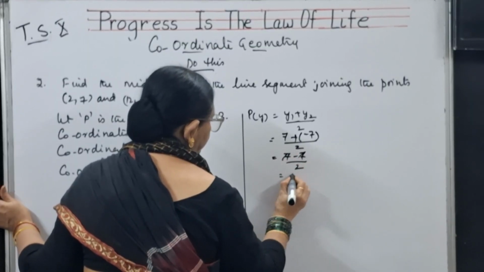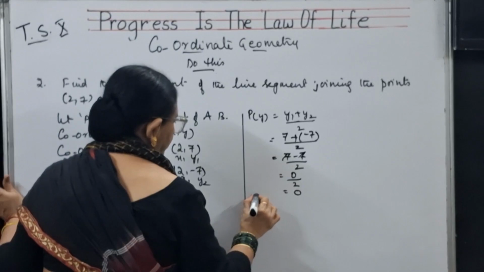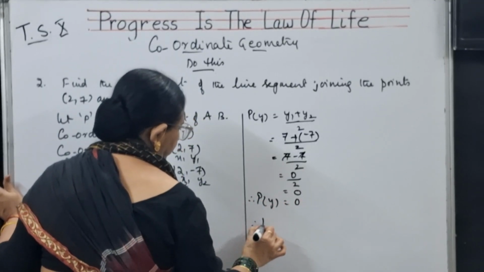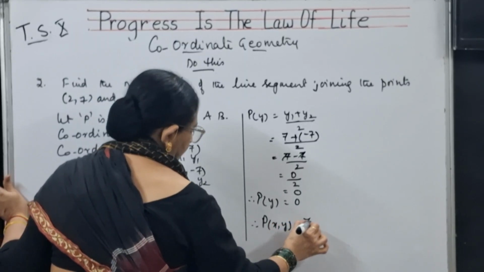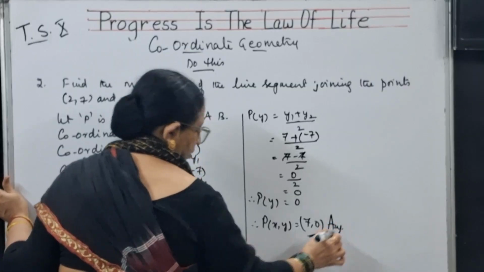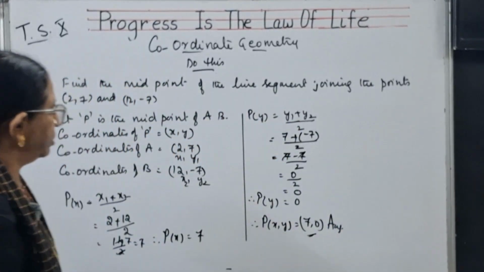These two get cancelled. 0 by 2, that is 0. So, P of y is equal to 0. Therefore, what is P of x comma y? 7 comma 0. This is the answer for this. Do this sum, children. Please note it down.